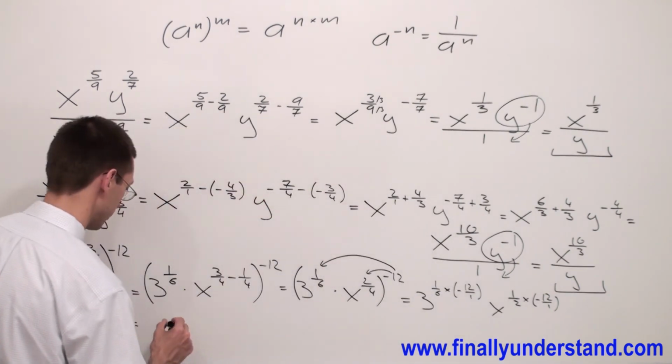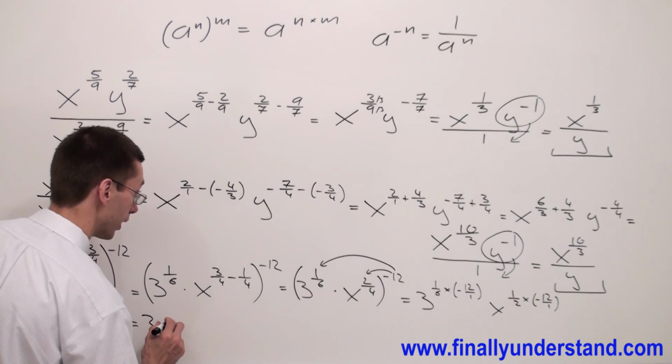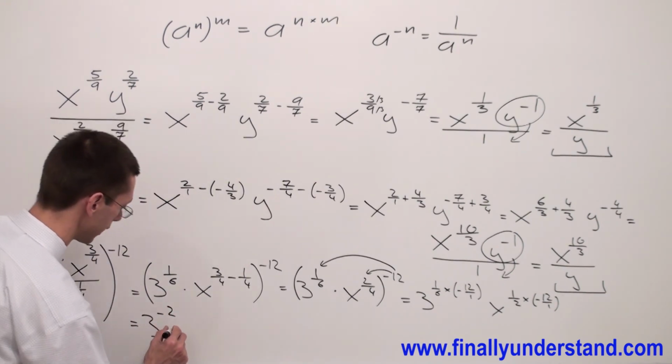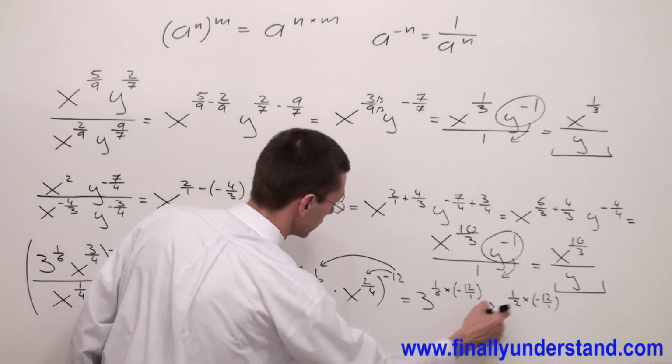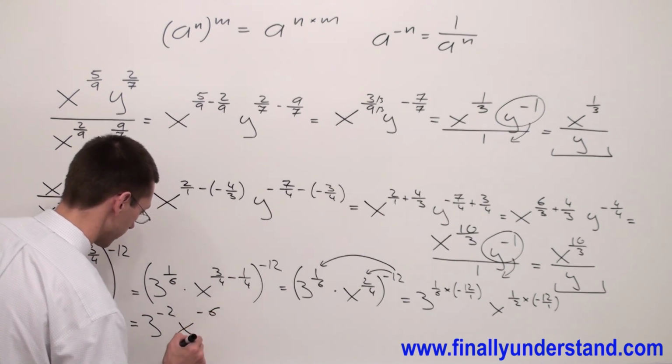I'm going to have 3 to the power negative 2, and I have x to the power, I have 2 and negative 12, negative 6.